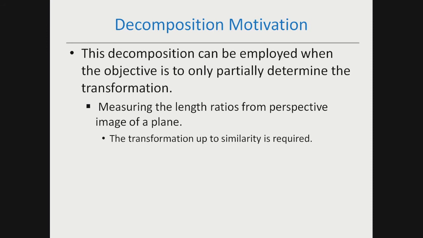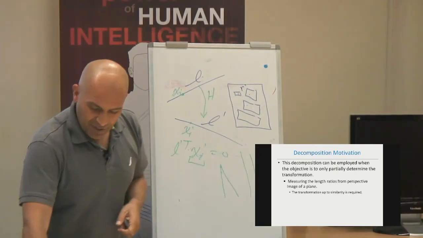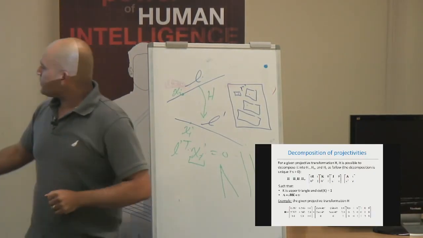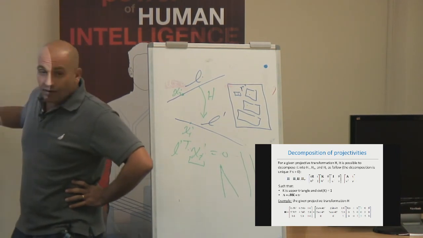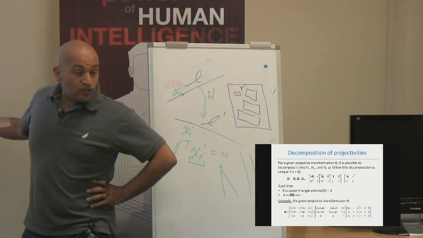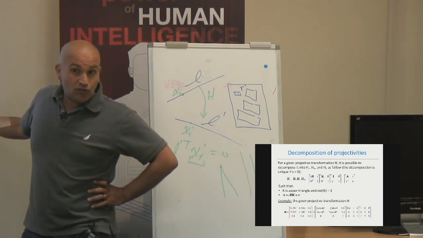That means if you have a specific requirement which doesn't require the entire projective transformation, you could do part of the transformation. This is the main motivation. For example, if I have this matrix, I can do this part, which handles the perspective distortion.